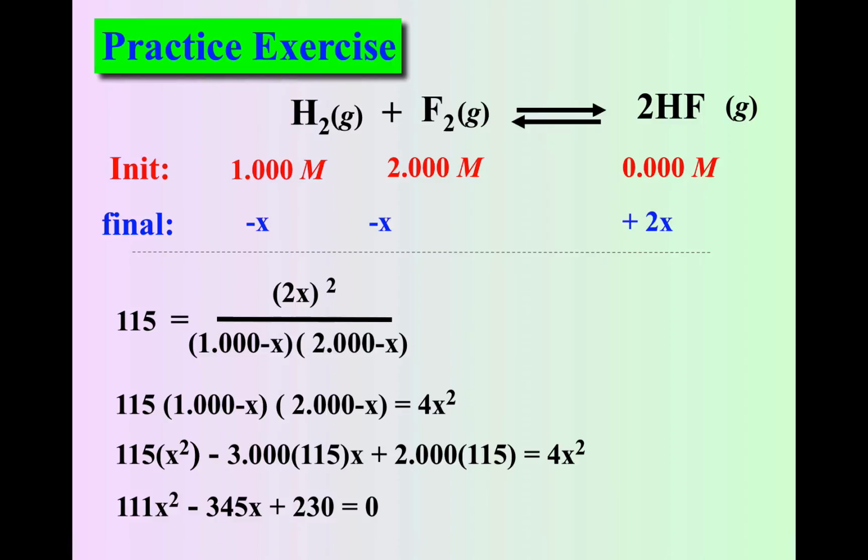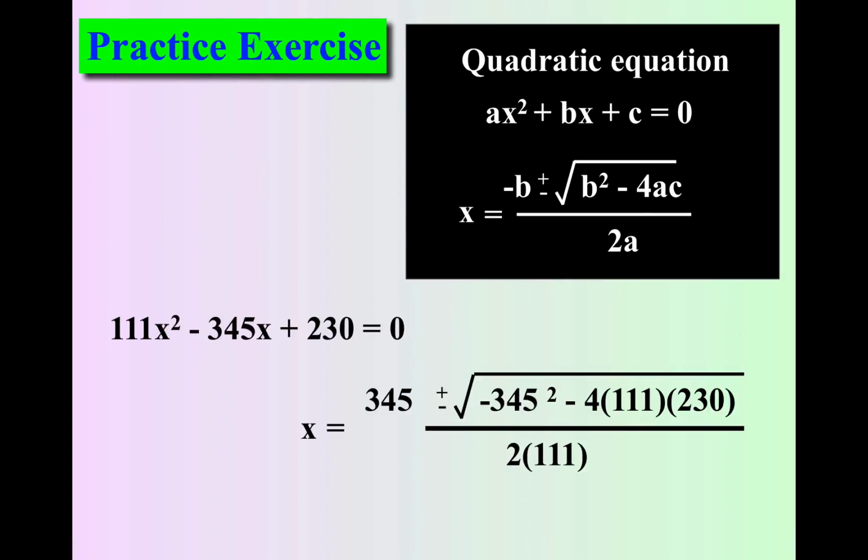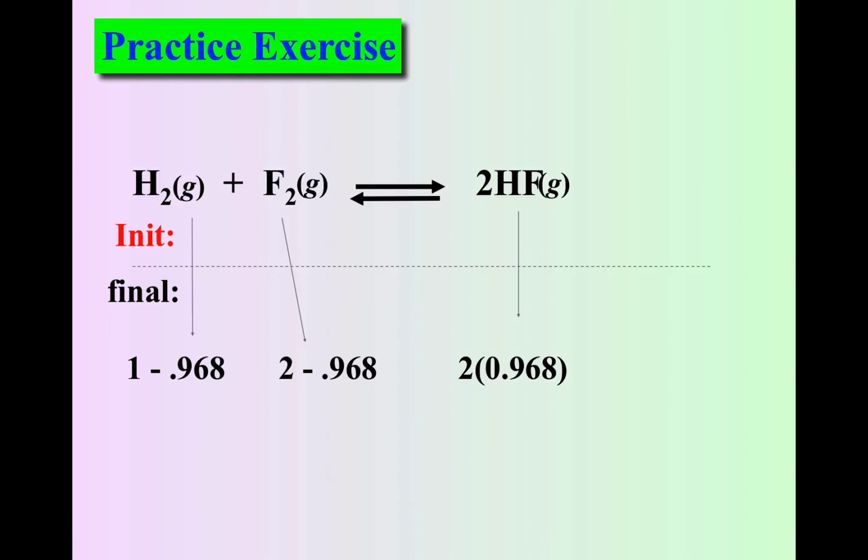So I collect the x squared term, add it to both sides, and now what I want to do is solve for x using a quadratic. So I plug the a term, the b term, the c term in for the quadratic and solve. I get x, which is a reasonable answer, and x, which is an unreasonable answer. It's unreasonable to assume that I'm going to lose 2.4 because I don't have that much. So x is my value. These would be my equilibrium concentrations, and I'd be done.